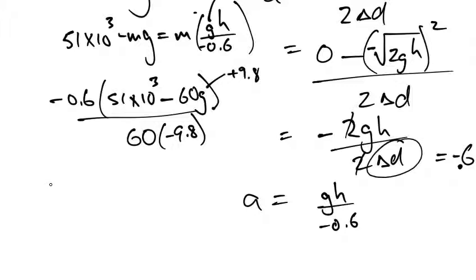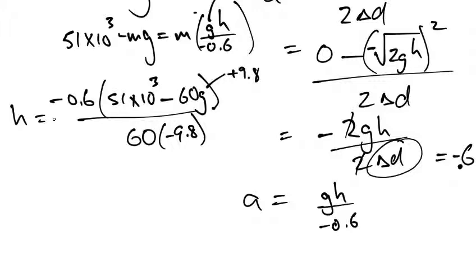So let's work it out. What do we get for h? And by the way, h is equal to all this. So let's get our trusty calculator. Let's go 0.6 negative, enter, actually, let's start from the inside here. Let's go 60, enter, 9.8 times, and then let's change sign that.